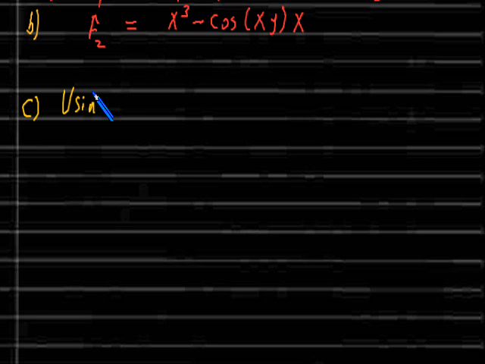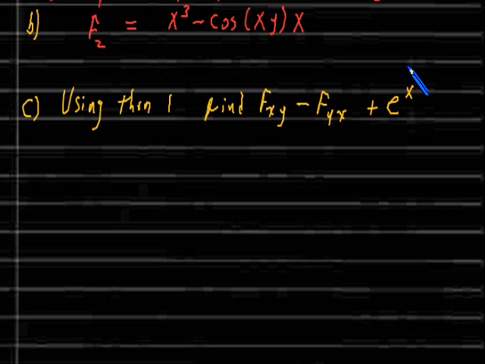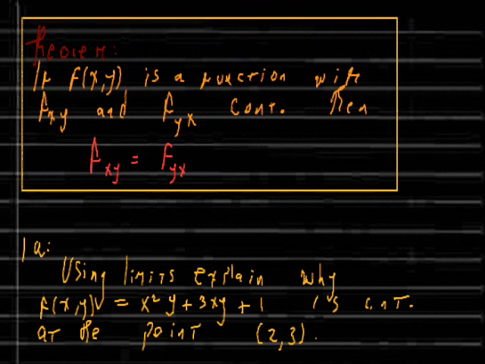Part C says, using theorem 1 above, find f sub xy minus f sub yx plus e to the x squared y squared.